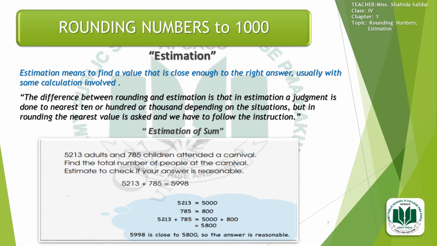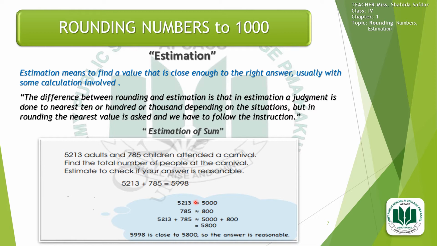Students, to solve this example, first we have calculated the actual sum of the two numbers. The actual sum is 5998, which comes by adding 5213 and 785. Now we will calculate the estimated sum.